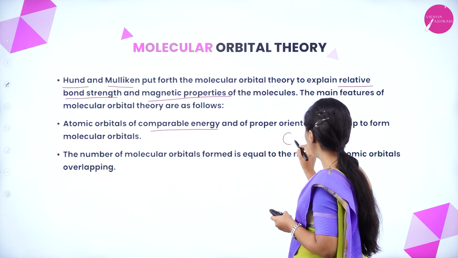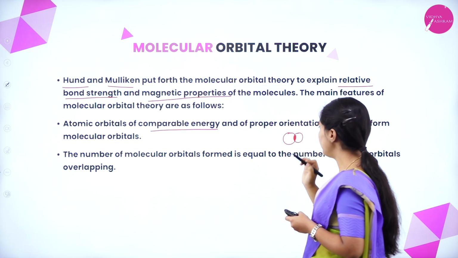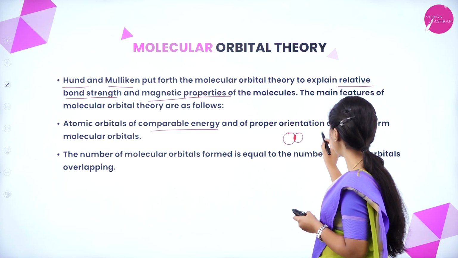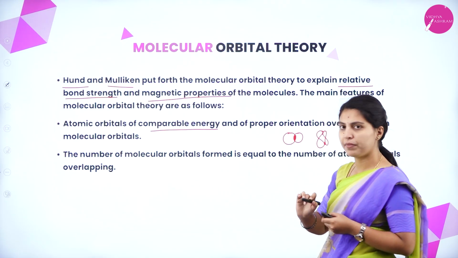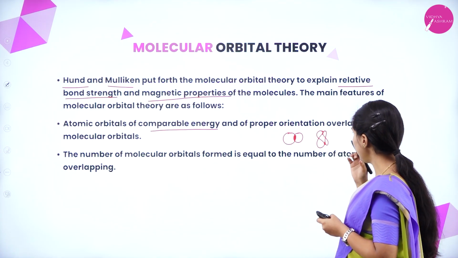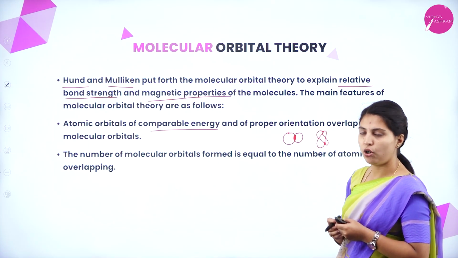See here, this is a maximum overlap, and the orientation is s and s orbital. If a p orbital is present like this, here also maximum overlap will be seen. Like this, the overlap should be present to form the molecular orbitals.